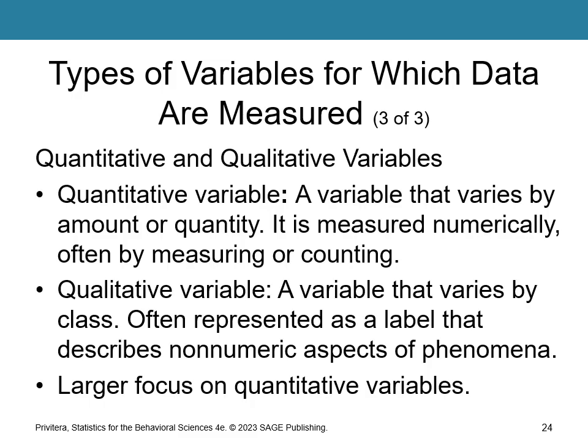Here's an important point. Most statistical tests in this book are designed for quantitative variables measured on ordinal, interval, or ratio scales. Qualitative variables on nominal scales have more limited analytical options. That's why in research we often try to operationalize variables as quantitative when possible.